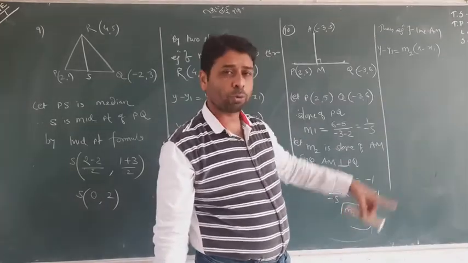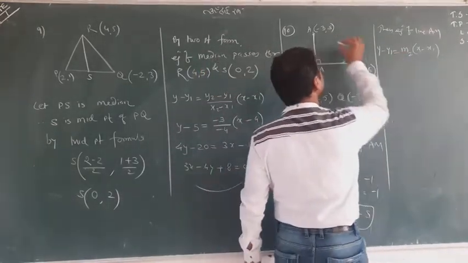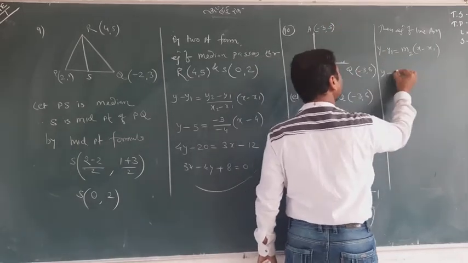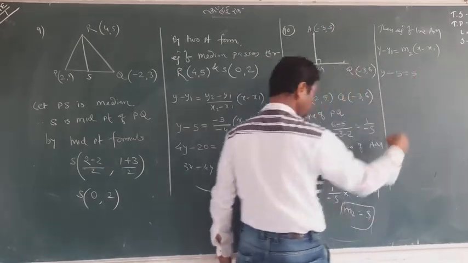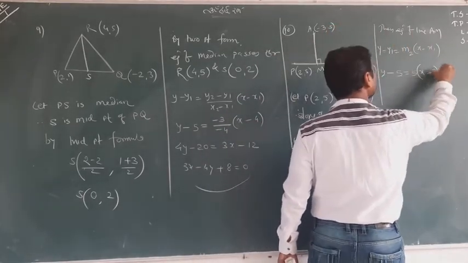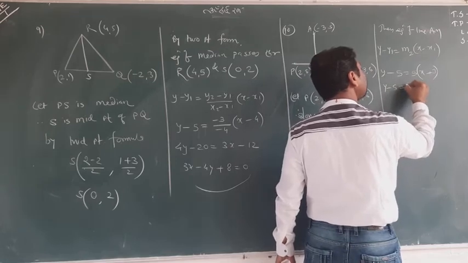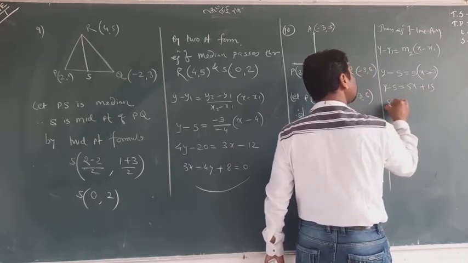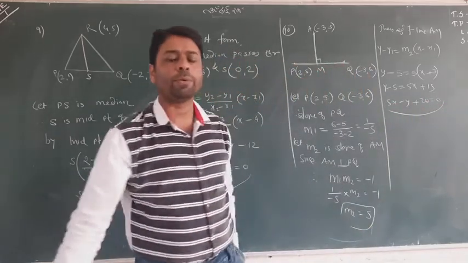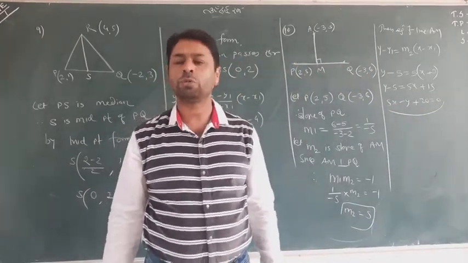So y minus y1 is 5, m2 is 5, this I got, and x minus x1 is x minus minus 3, so it's x plus 3. Now I'll just be formal by multiplying and arranging my answer properly. That is my last answer, which is in the form of ax plus by plus c equals 0.